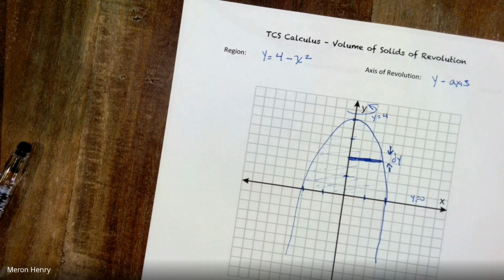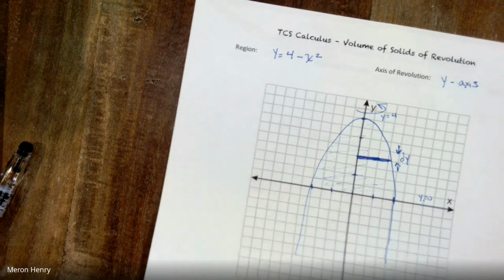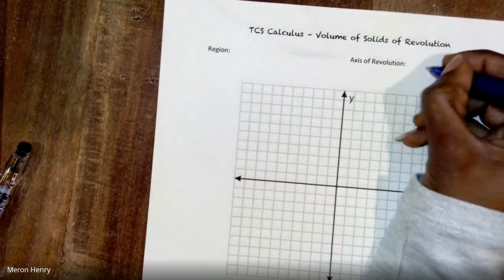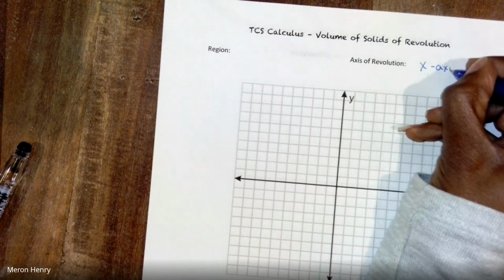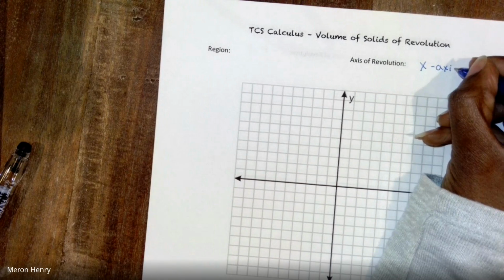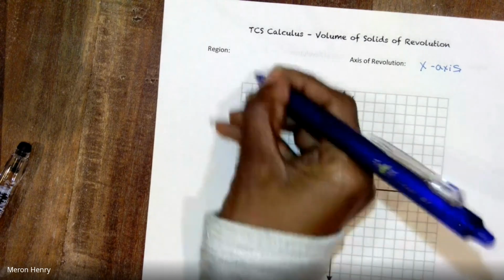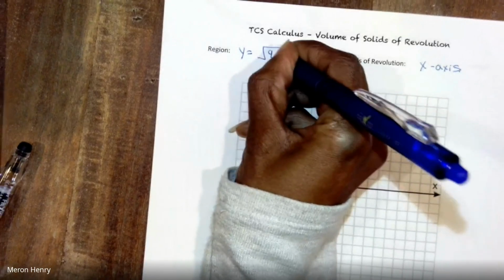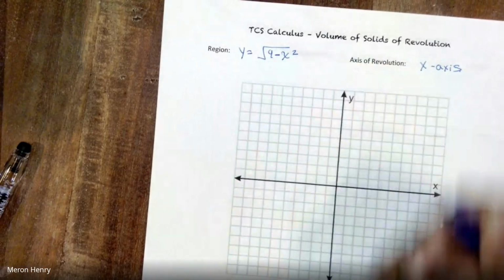All right, I'm going to do another example using the disk method. But this time we're going to have it revolving around the x-axis. Let's say we have y equals the square root of 9 minus x squared.